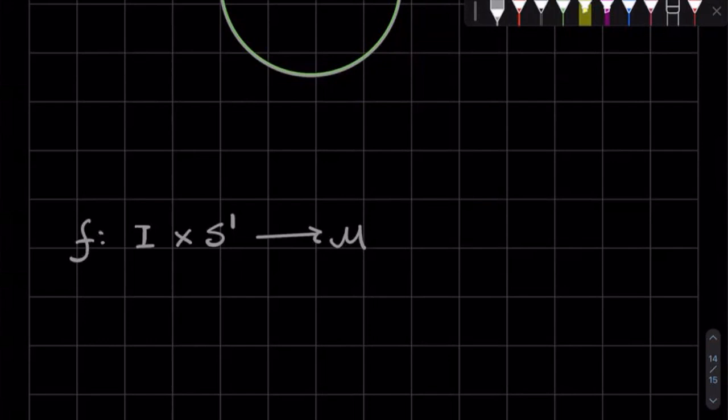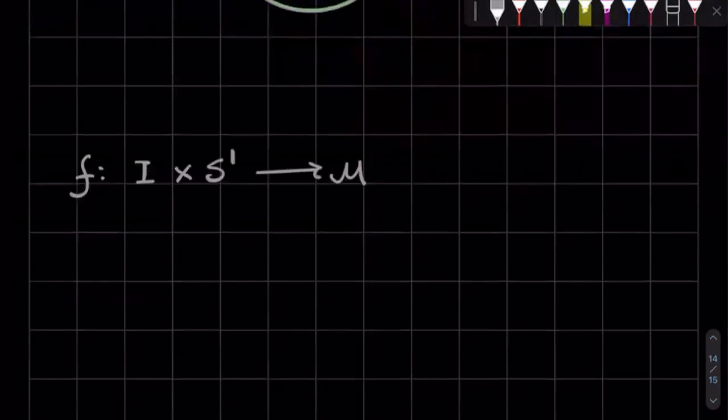So this map has some parameter, say t, which is the parameter for the interval, and the circle, which we can say theta, right? So this gives me a point on the manifold.